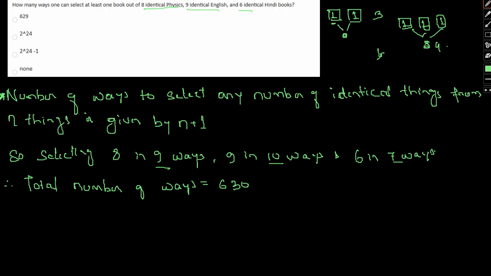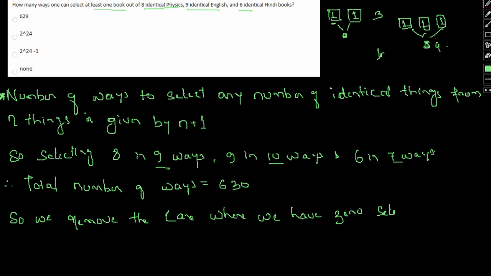Okay, now but what we need is at least one. So we need at least one, it's given that we can select at least one book, so we remove the case where we have 0 selection.